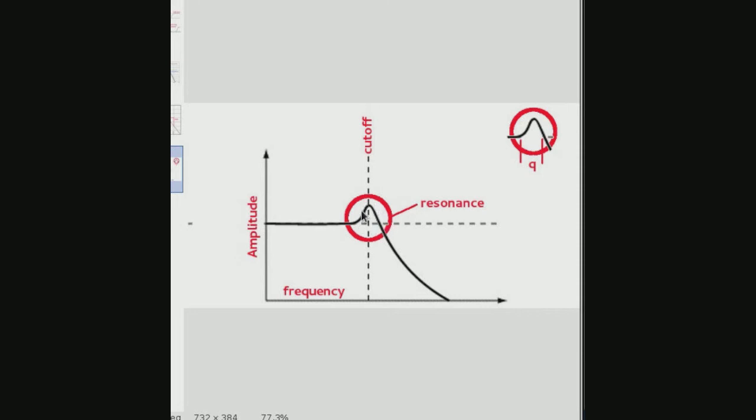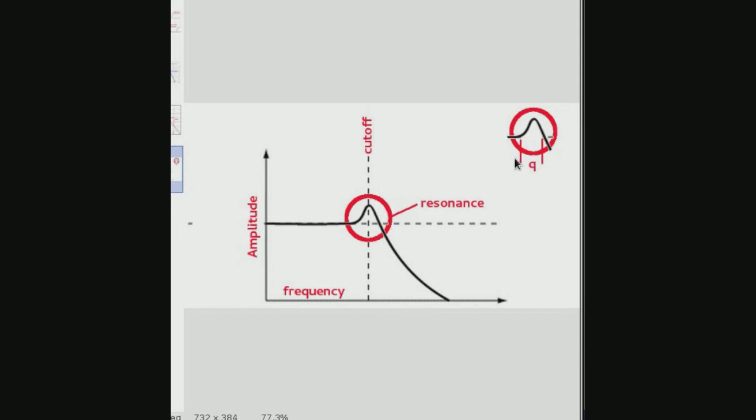You have actually increased the volume, the amplitude of that a little bit. Notice this curve, and right here, I recreated it. This distance from here to here is known as Q. So a lot of times you'll see, whether it's a bandpass filter where everything's shelved off down here, and this is the curve, we're only passing one band, whatever it would be, you'll see Q, which says how wide this is.